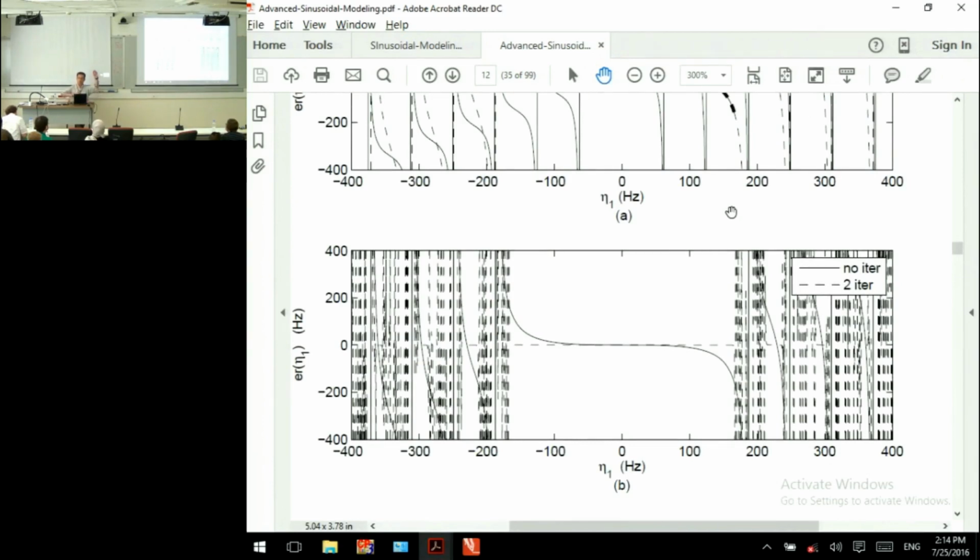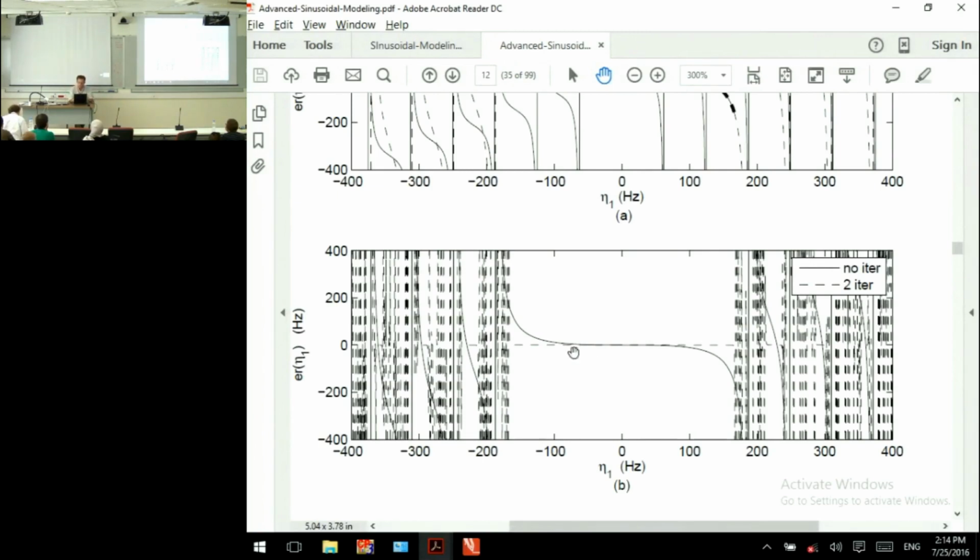Because you had an initial estimation of frequency, then you estimate A and B. You project B onto A. You get this ρ2 and you correct your frequency. Since now you have a new frequency, you can go back to the beginning and re-estimate A and B, reproject, get a new ρ2 and go again.